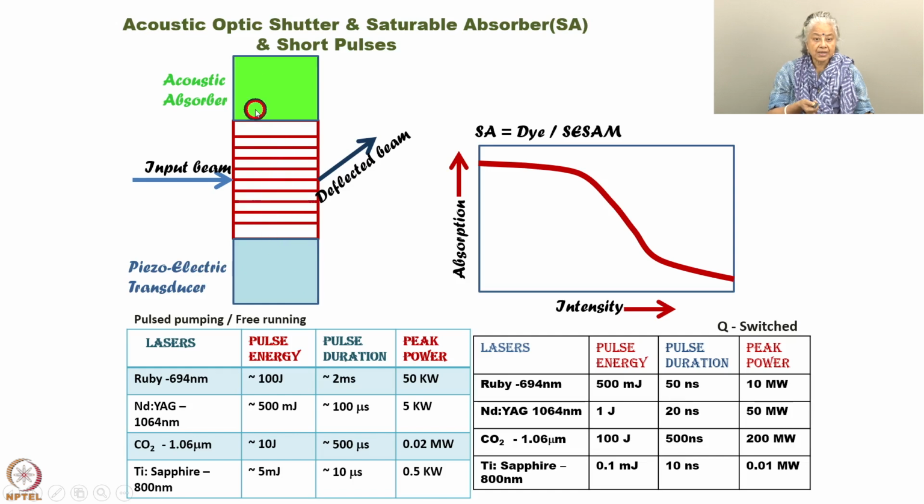So, this Acousto-optic absorber absorbs all this acoustics that has been generated from the piezoelectric transducer, and what it does is it forms alternate regions of rarefaction and compression, rarefaction, compression, rarefaction, compression. It forms this physically in that structure.